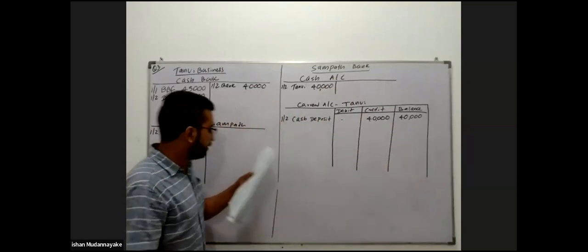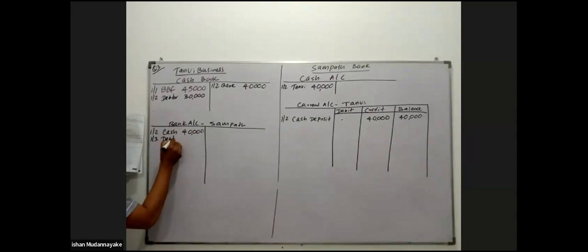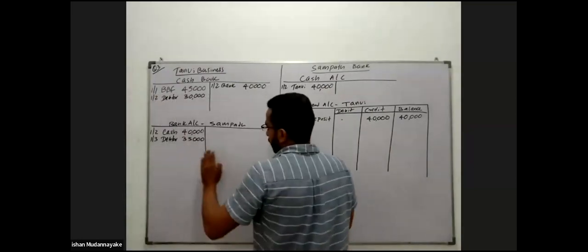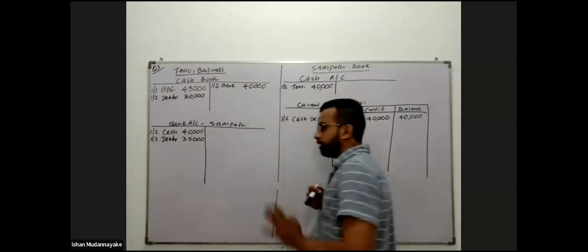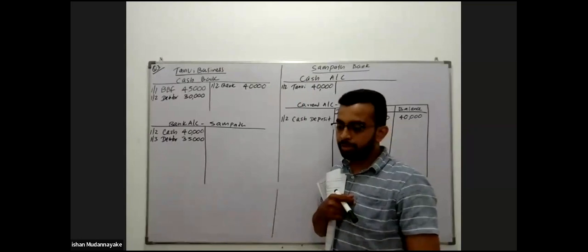Right, then here, 3rd January, debtors 35,000. Received check from debtors. Then bank account debit 35,000 and debtors account credit 35,000.